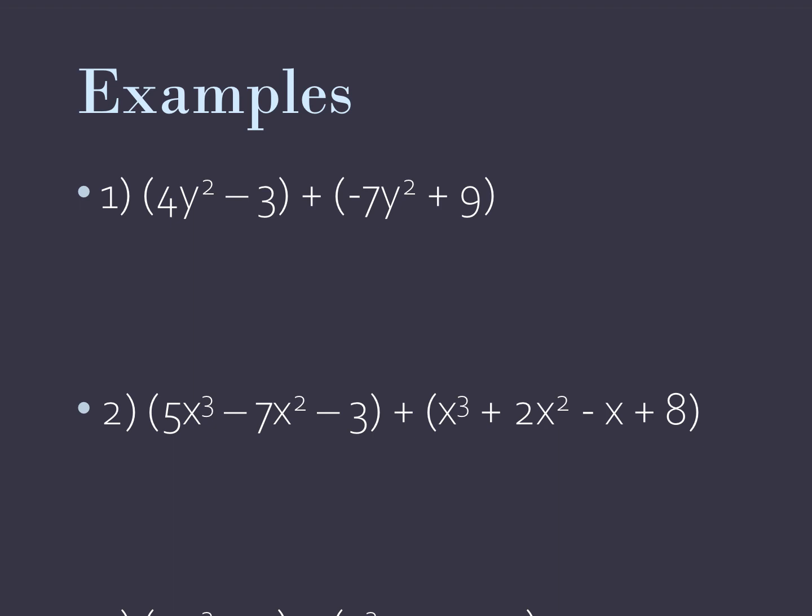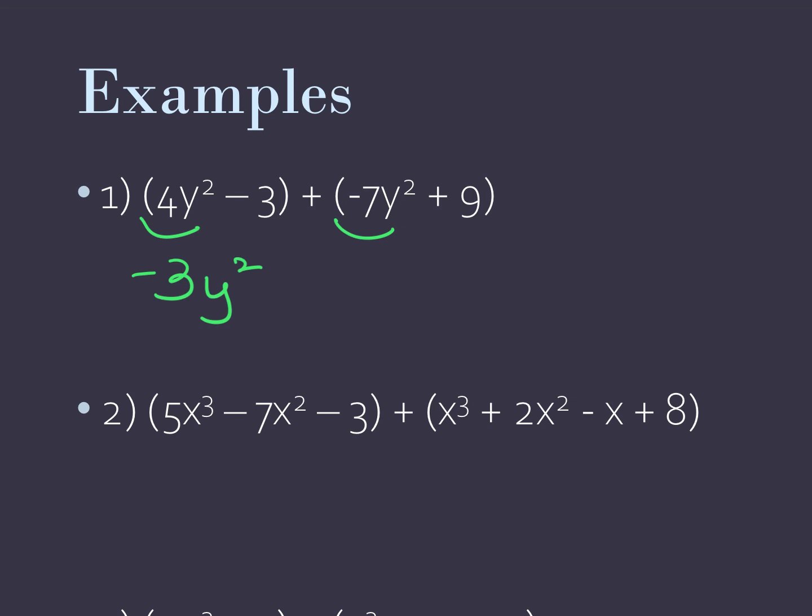I have a y squared term, so I have a 4y squared, and then they're telling me to add that to negative 7y squared. Notice these are two binomials that I'm adding. When you add like terms, all you're doing is working with the coefficients. So I'm going to do 4 minus 7, or 4 plus negative 7, and I get negative 3y squared. I do not do anything with that variable's exponent because I'm just adding like terms.